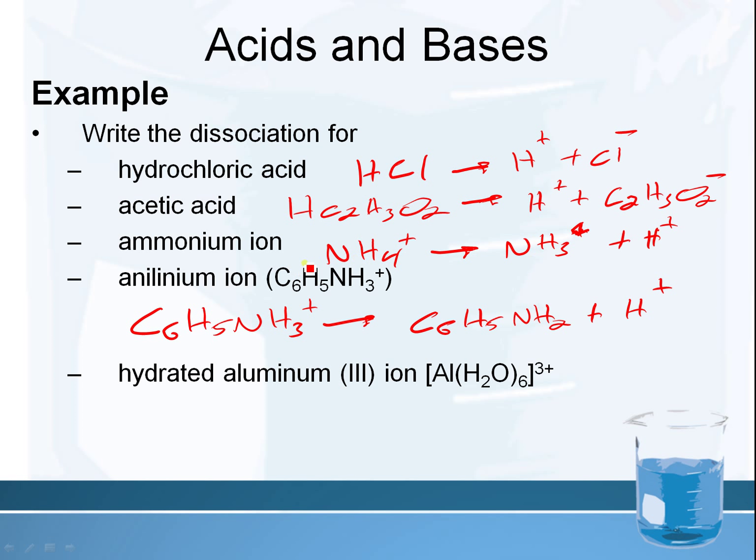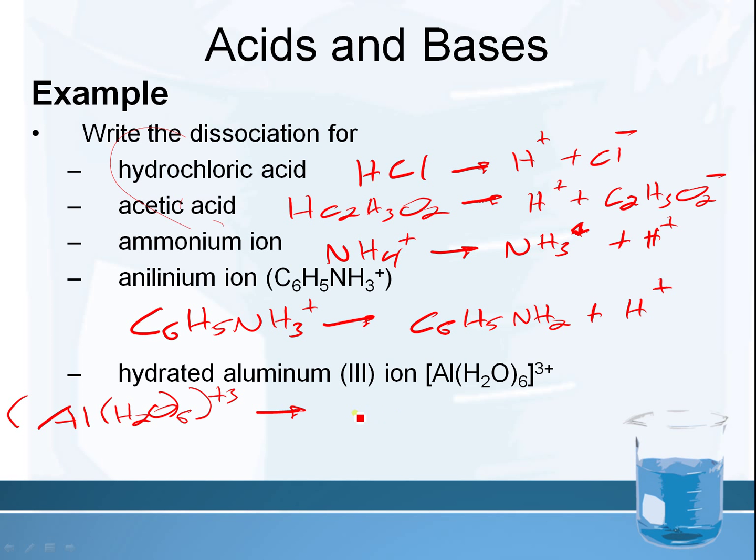Okay, the next one is pretty tricky. This looks kind of weird. This is called a hydrated aluminum 3 ion. So what this breaks apart into is, let me write this out first, aluminum, H2O, six of those, but the whole thing has a +3 charge.